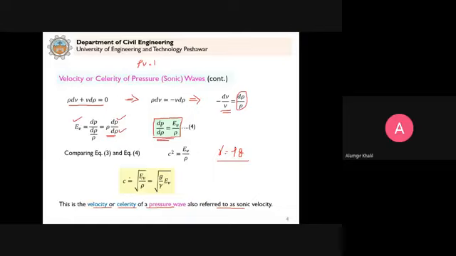Now you can see here that the velocity with which the pressure wave will travel in a fluid depends on the properties of that fluid. You can see here the bulk modulus of that fluid, and similarly the density of that fluid. So that's why we can say that this velocity or celerity of a pressure wave is not constant, but will depend on the fluid through which the pressure wave travels.